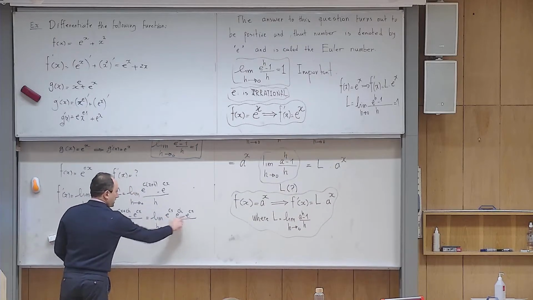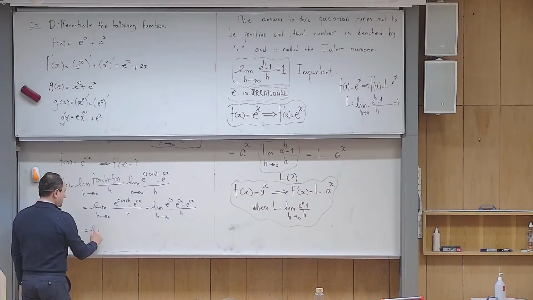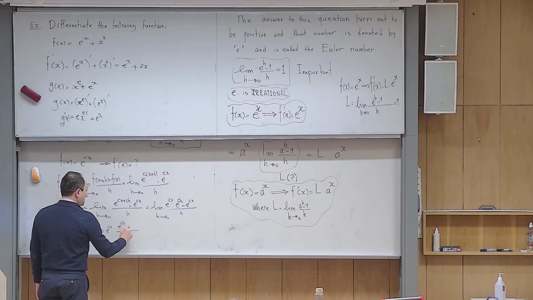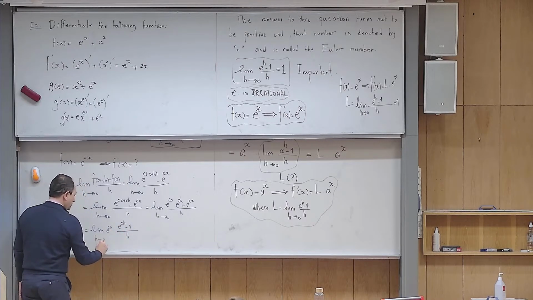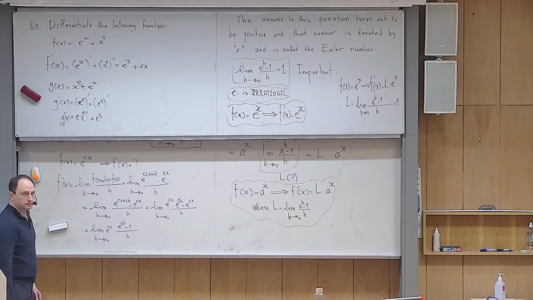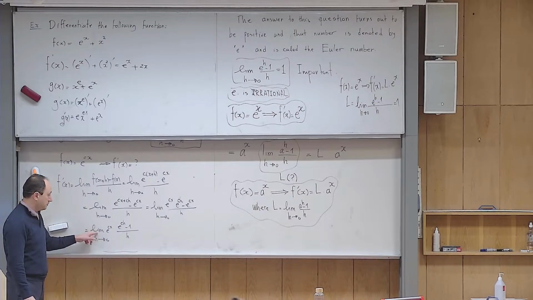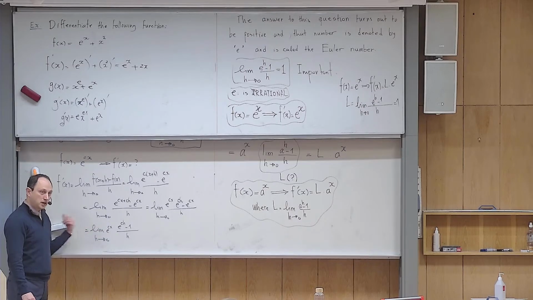And then I can factor e to the power cx out, and then I have (e to the power ch minus 1) over h as h goes to 0. And then e to the power cx, for the same reason, is a constant for this limit, because this limit depends on variable h, but variable h does not appear here. So as far as this limit is concerned, this is a constant, I can pull it out.